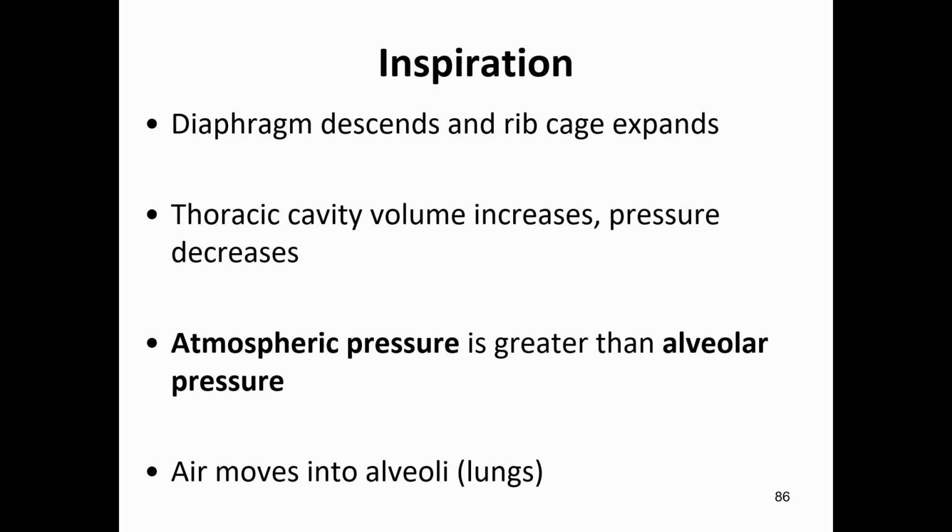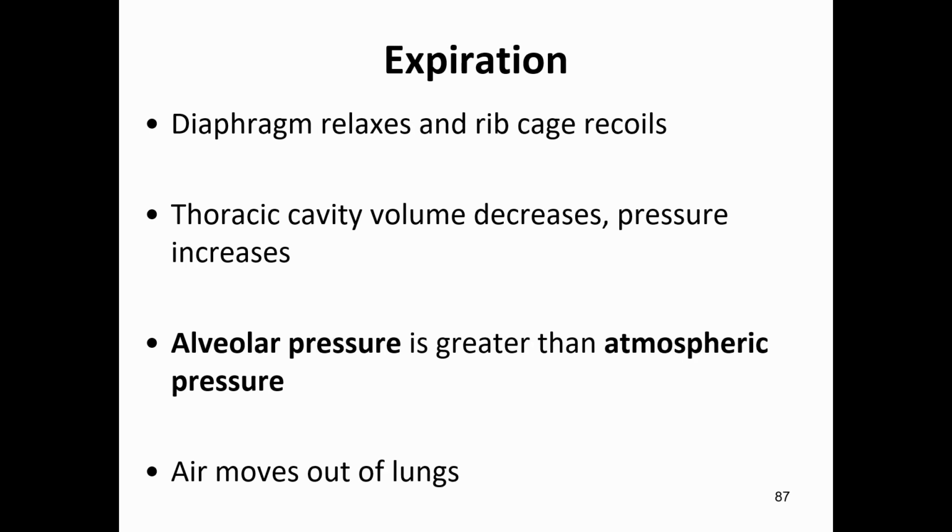When inspiration happens, the diaphragm descends and the rib cage expands. Thoracic cavity volume increases and the pressure decreases. When it decreases, it will be less than atmospheric pressure, meaning air will move into your lungs. On the other hand, during expiration, the diaphragm relaxes and the rib cage recoils.